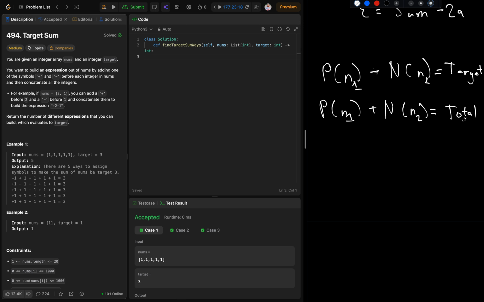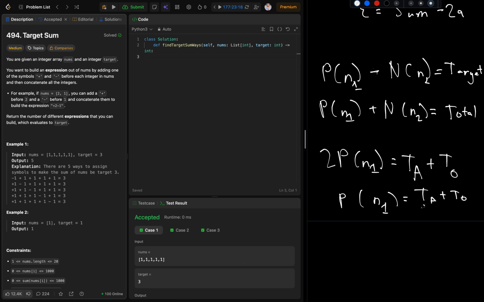So if we want to find the number of ways we can pick, okay, wait, I guess it's kind of hard to get to this without knowing the problem, but if you combine these two, this would be 2P equals target plus the total, and then P equals that over 2.